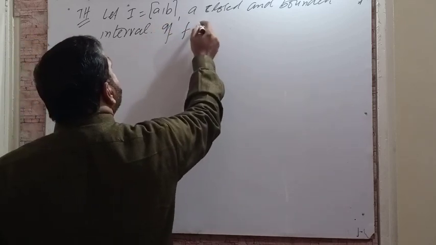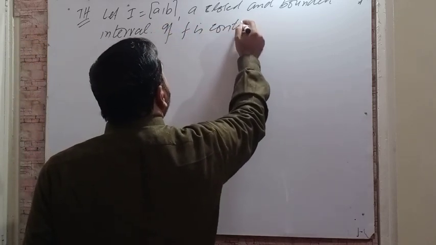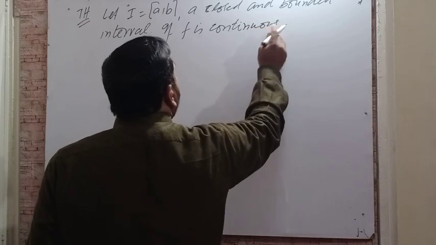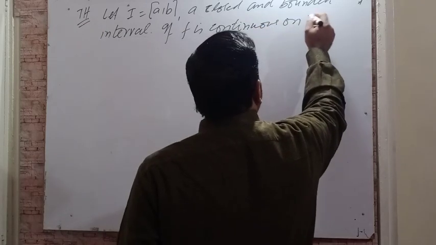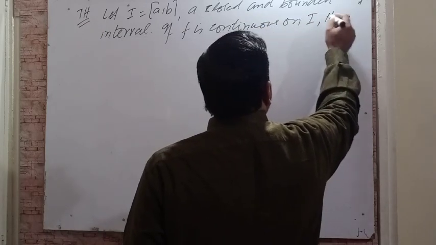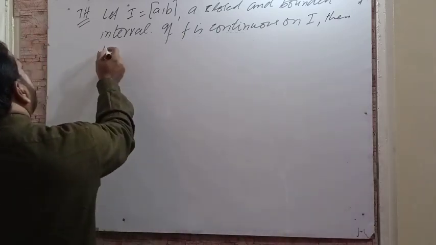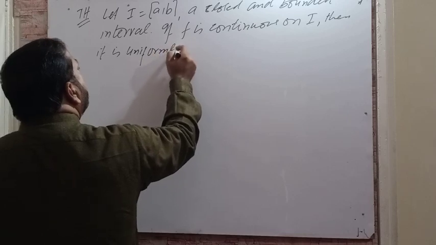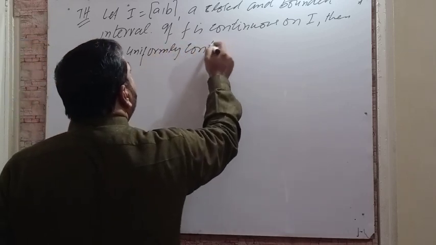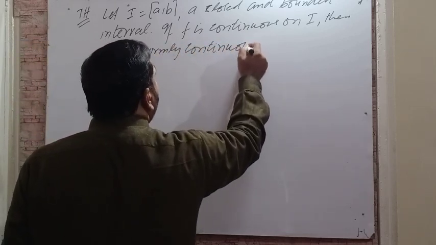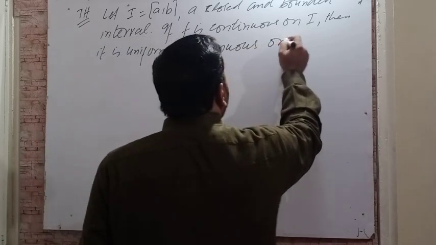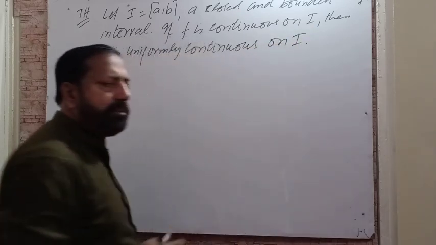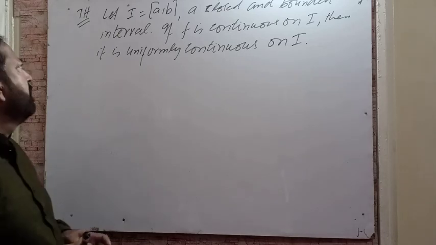If f is continuous on I, then it is uniformly continuous on I. Okay, this is a very simple result.